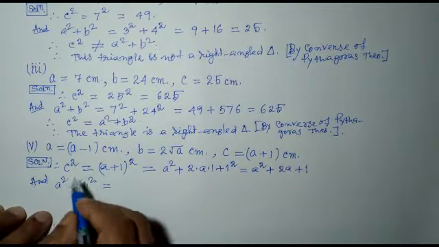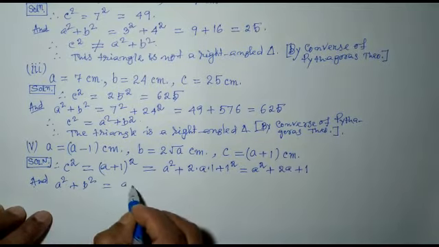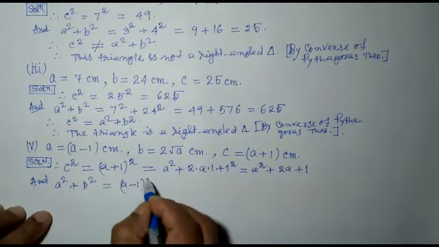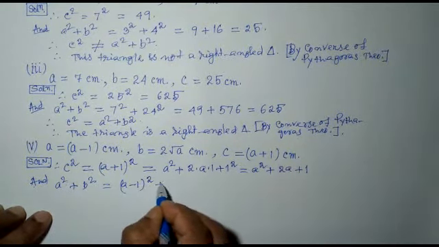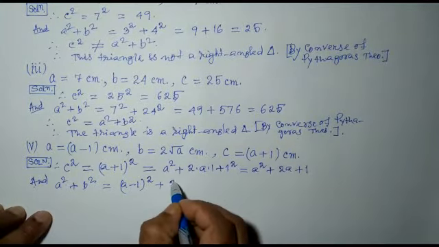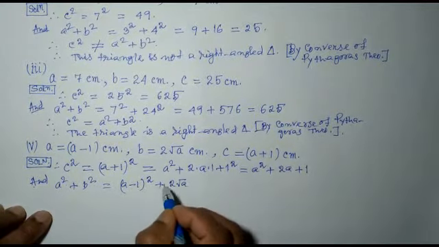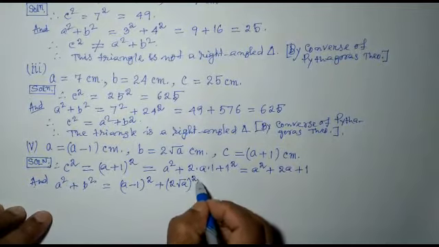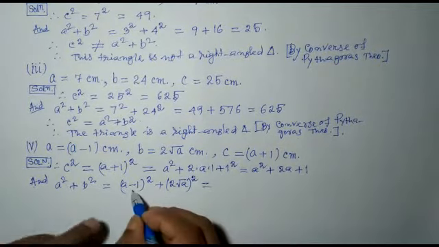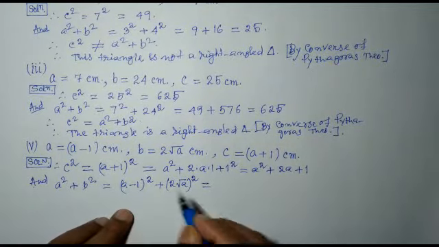So the value of a is a minus 1. This is a minus 1 whole square, plus the value of b is 2 root a, so b square will be 2 root a whole square. Here we apply the formula a minus b whole square.